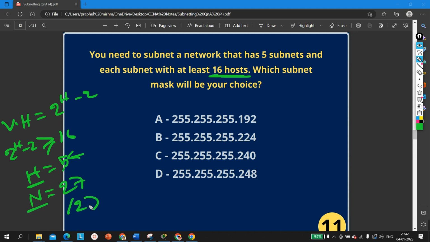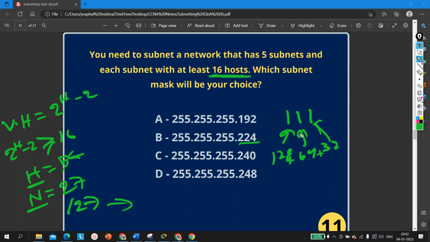So /27. What will be the subnet mask for /27? 192 or 224? See, 1, 2, 3. This one is 128, this one is 64, and this one is 32.